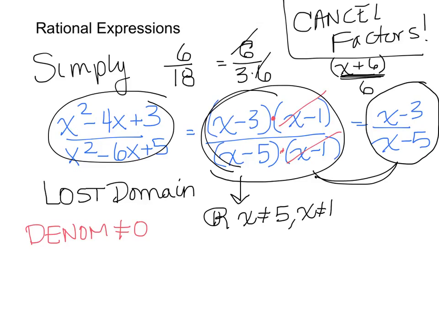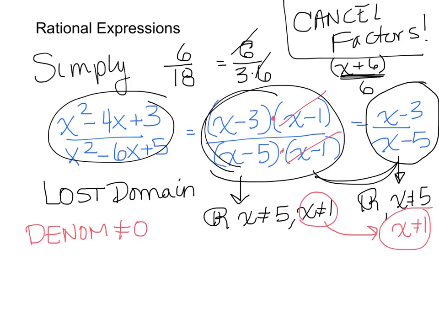Okay, but when I look at the domain of my simplified expression that I wished were the same, it's all real numbers as long as x doesn't equal 5. So you see where we have indeed lost this information. So there's my lost domain, and I have to go over here and add it in to this other domain.